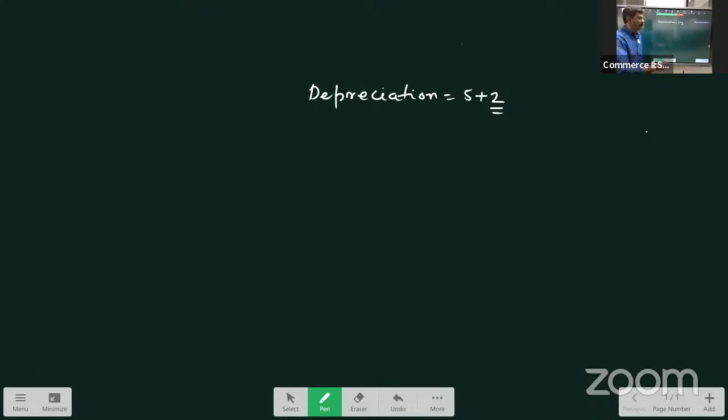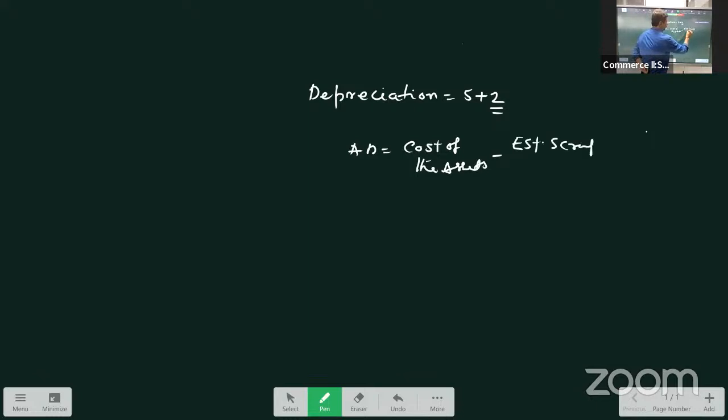Remember, annual depreciation is equal to cost of the asset minus estimated scrap value, whole divided by estimated useful life. This you can expect for 2 marks.